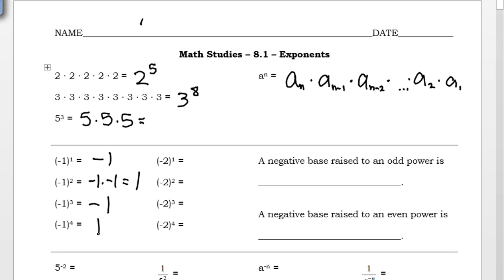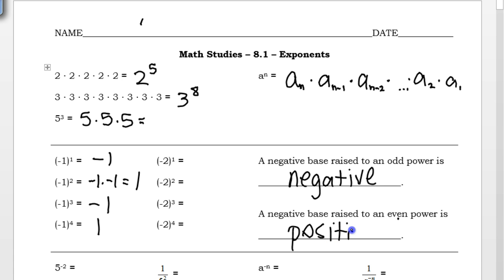So the pattern is, if you have an odd exponent, like here and here, we noticed we had a negative answer. And when we had an even exponent, like here and here, we had a positive answer. So the odds gave us a negative, and the evens gave us positives.